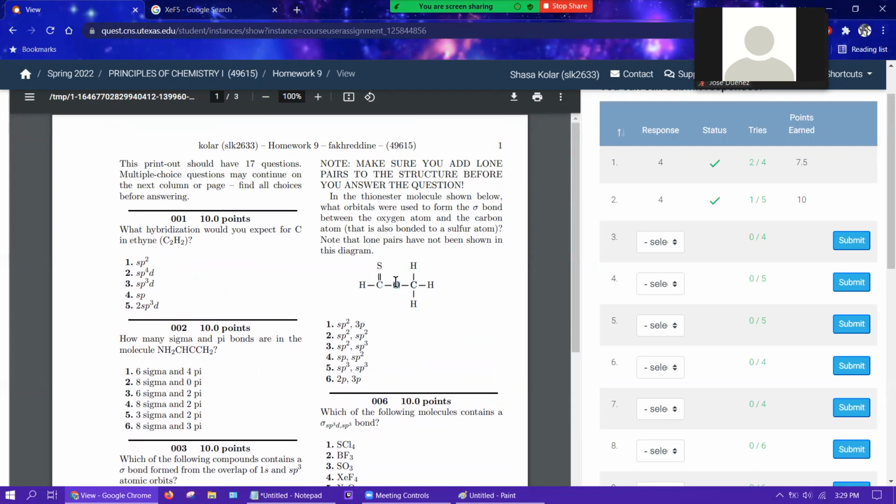This oxygen only has 2 bonds, but it's not sp hybridized because it's oxygen. It wants 8 electrons in its valence shell. So it actually has 2 electron pairs here and here, right? So this oxygen is sp3.